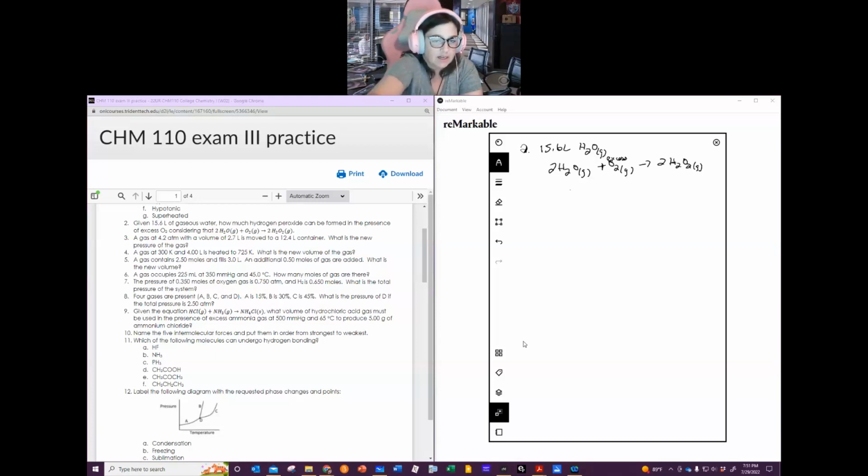Now, the gas laws that I have available to be working with are of two forms. One is where I'm changing conditions, and one is where I'm using the state of the gas to try and figure out one of the other components. So let me think for just a second.